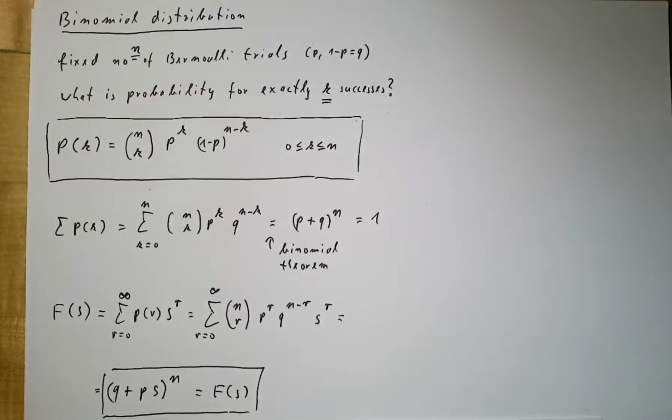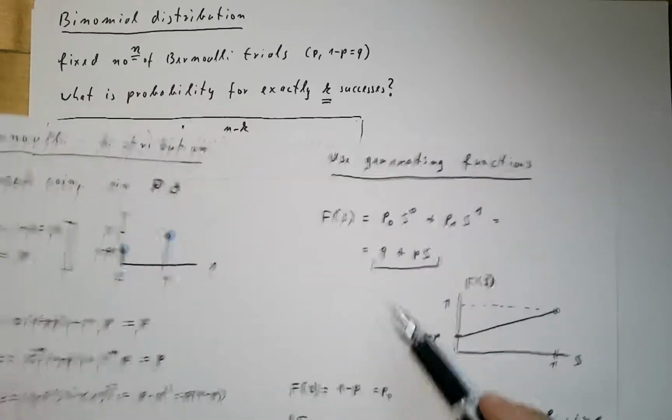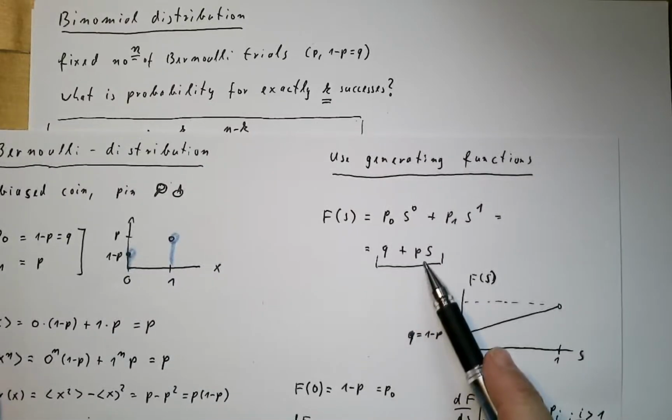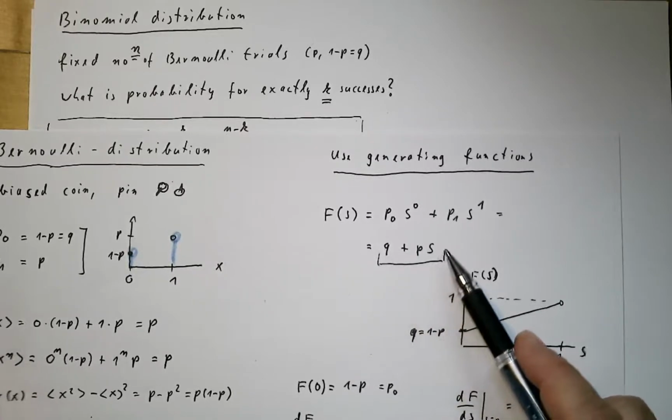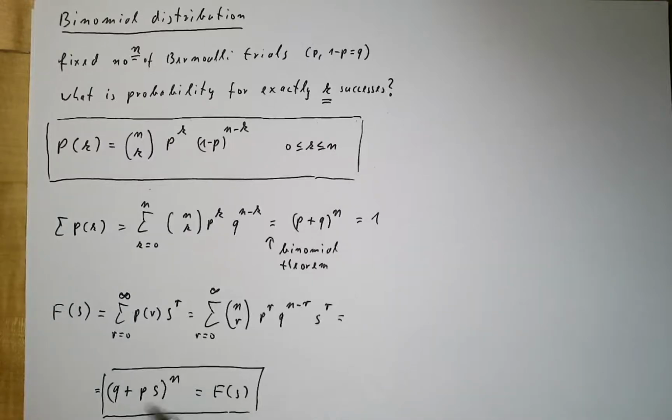So we just take the generating function of the Bernoulli distribution and multiply it n times with itself, and we are directly here. We wouldn't even need to calculate this.